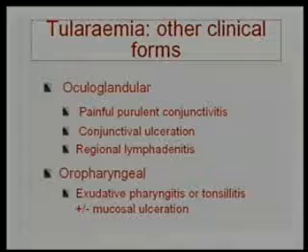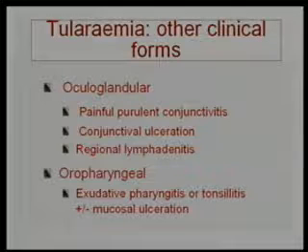Exudative pharyngitis and tonsillitis are consequences of that kind of infection. As I said, that form is very, very rare, because usually when you are eating, it will go either typhoidal or not at all. Even typhoidal is uncommon.